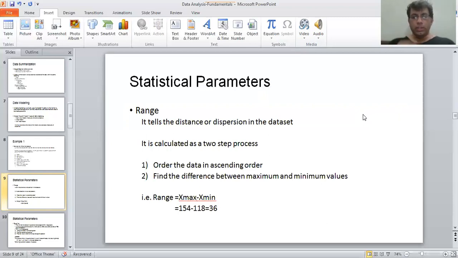Now, in order to understand the fundamental idea of positioning in the data set, let's take a very simple example, which I often use in my class. You can see this is a small piece of plastic. Suppose this is a data set.